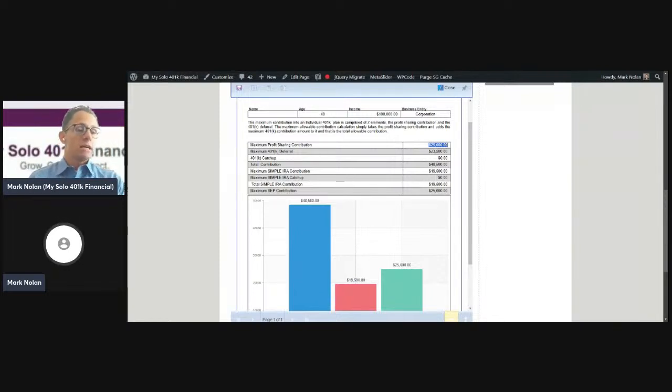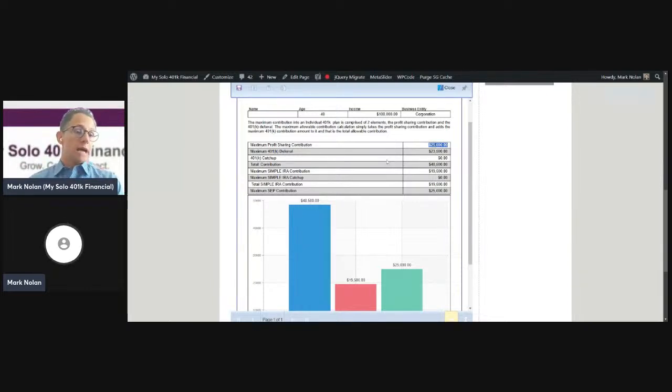And then we're going to issue a Form 1099-R after you complete our online conversion form so that we collect the necessary information to issue that Form 1099-R. So it's going to be reportable to the IRS as a taxable in-plan conversion. That's for employer Roth solo 401k contributions.